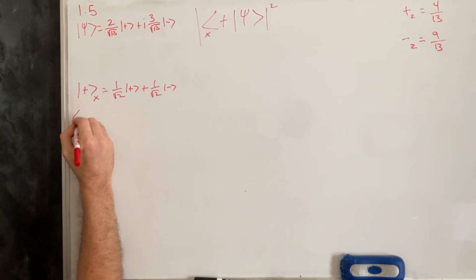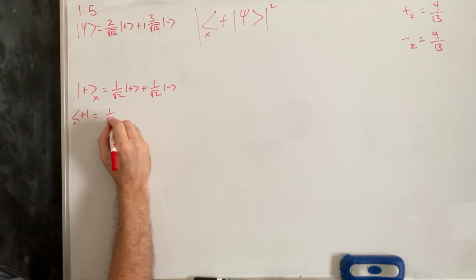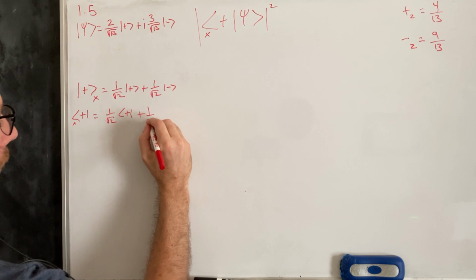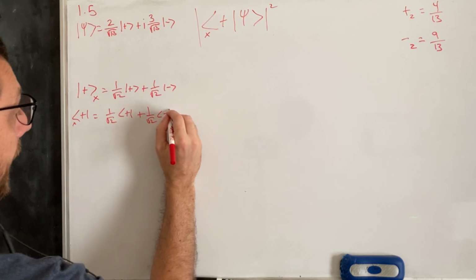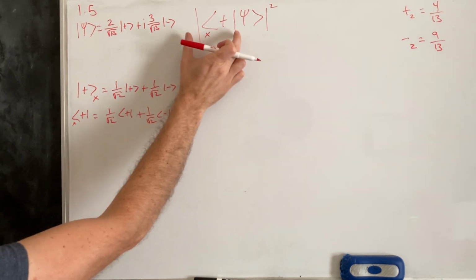So that's going to be our ket for up in the x direction. And then our bra, basically the same thing: 1 over root 2 up plus 1 over root 2 down. Okay, so this bra right here is what we need there.